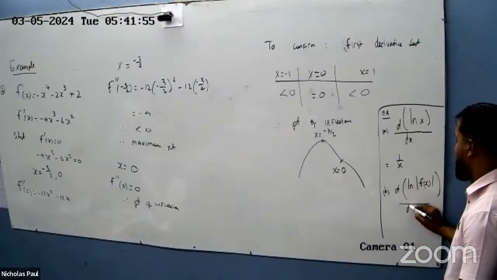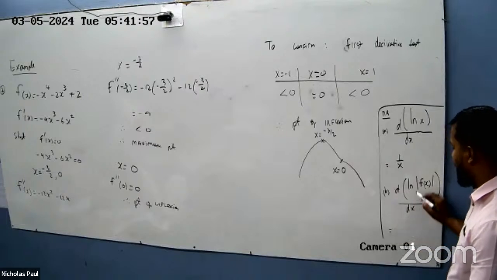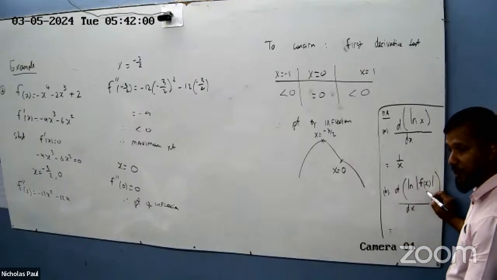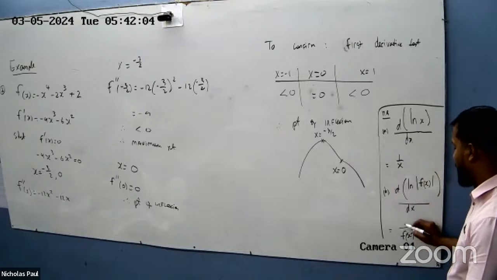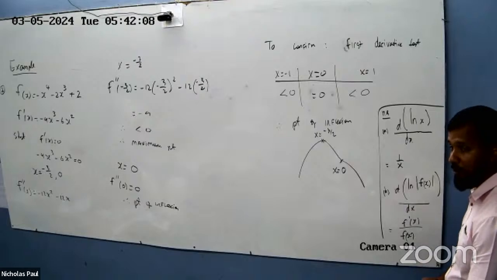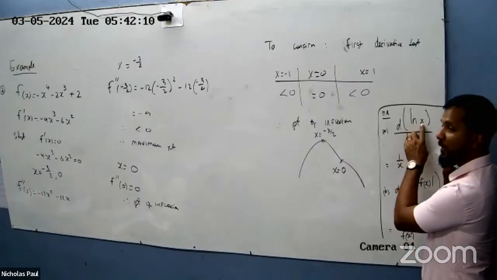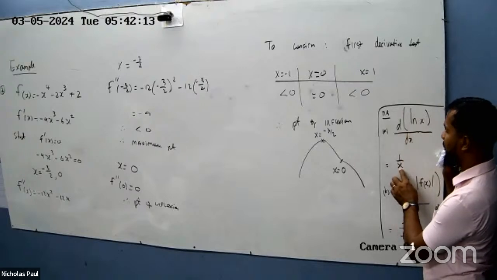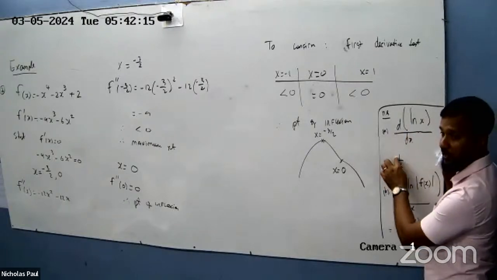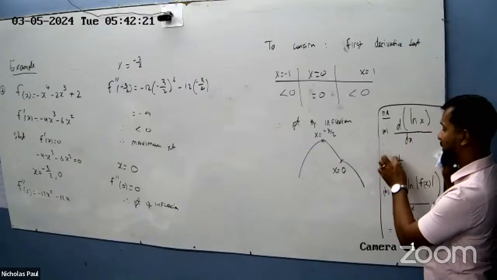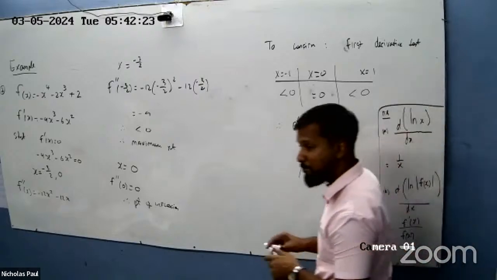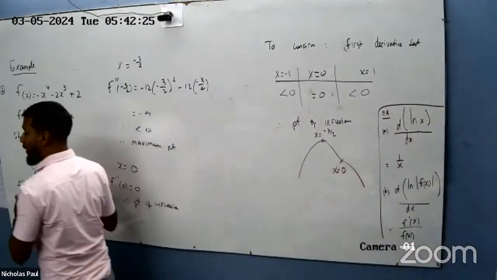So if I ask you to differentiate ln f of x, your denominator is f of x and your numerator is the differential of it. So for ln x, the denominator is x and the numerator is the differential of x. That's it. Next one.